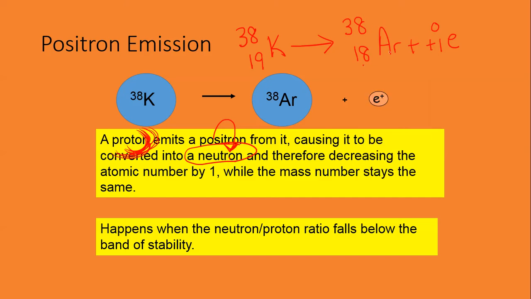Notice again that everything equals, right? So 38, we got 38 plus 0. The mass didn't change. The positives didn't change, right? 18 plus 1 is 19. Notice we have 19 over here. All right. Again, you can look at this as a math problem or look at it as the idea of what's happening inside the nucleus of the atom.